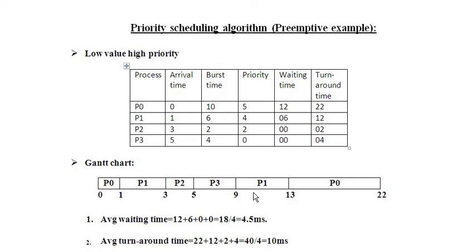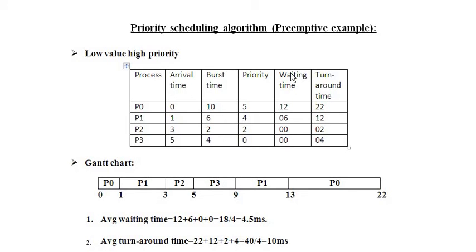It executes for 4 milliseconds, that is, 9 plus 4 is 13 milliseconds. Now we have no other option, so P0 is given a chance and it will complete. We know that P0 has already completed 1 millisecond, so 10 minus 1 is 9 milliseconds. So 13 plus 9 is 22 milliseconds. The total time taken by all the processes to complete is 22 milliseconds.